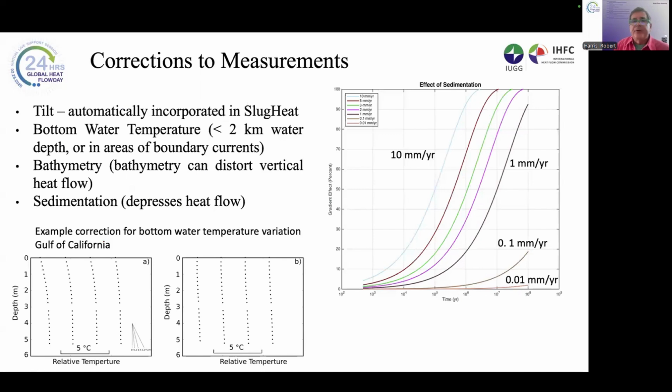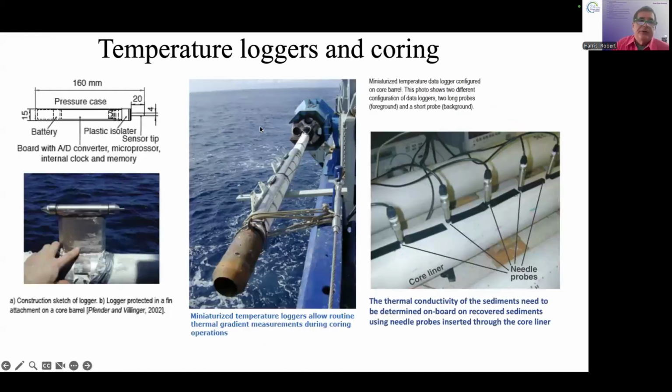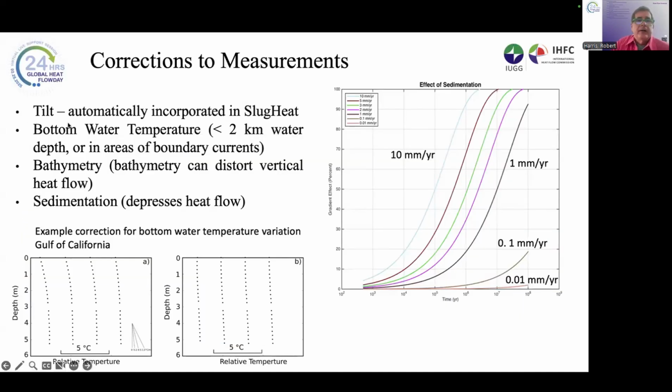Okay, so sometimes you have to make corrections to the heat flow data, and these corrections might include tilt, which is automatically incorporated in SlugHeat. But if you were using some other software, you would have to incorporate that. Another thing to be concerned about is bottom water temperature variations.